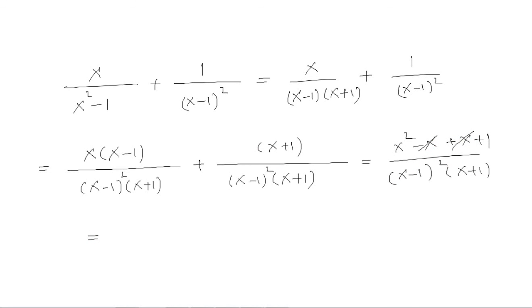Minus x cancels plus x here, so I have x squared plus 1 over x minus 1 squared, x plus 1. And the numerator is irreducible, so we are done here.